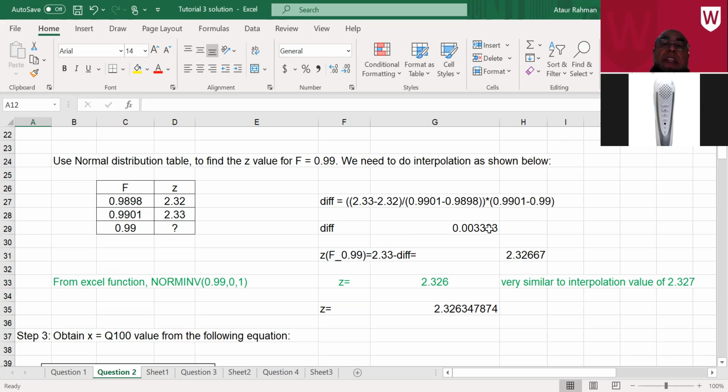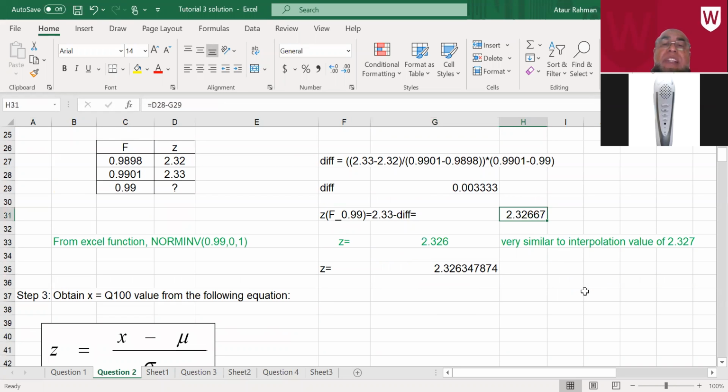Then we subtract this difference from 2.33, and the Z value will be this. Any question, any problem with this? So by interpolation, we are getting the Z value 2.32667.